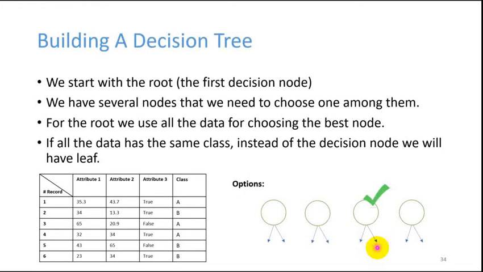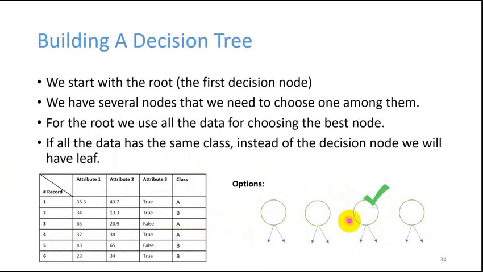For instance, if we are going to implement the IDTRY algorithm, we need to generate decision nodes as many as the attributes that we have on the data. And for the root, we will use all the data records that we have on the data set.